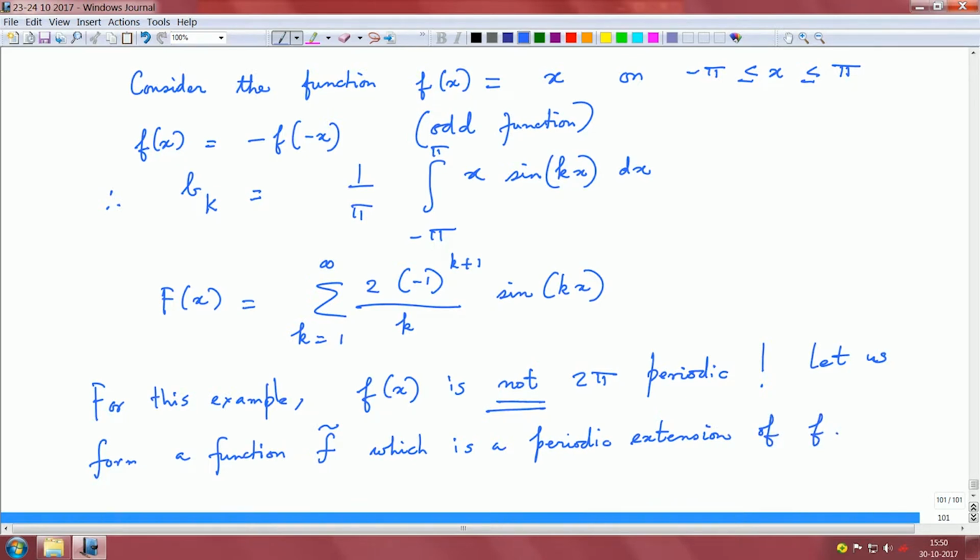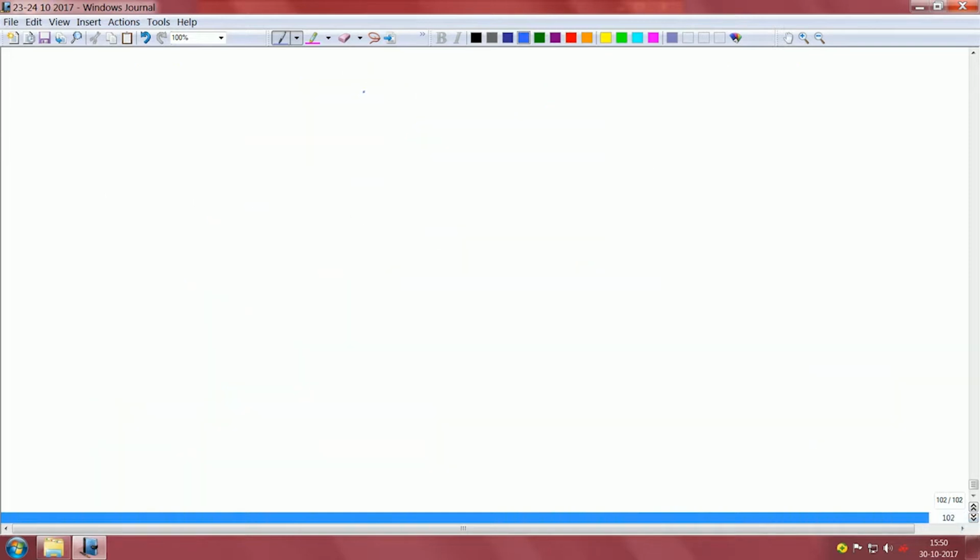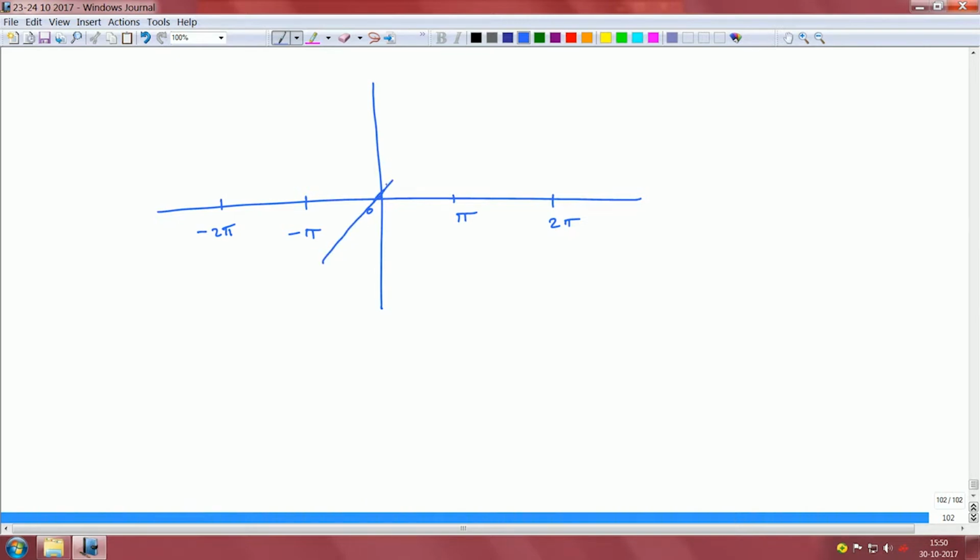If you just sketch this function, you get the function: 0, then extend it by 2 pi on either side.